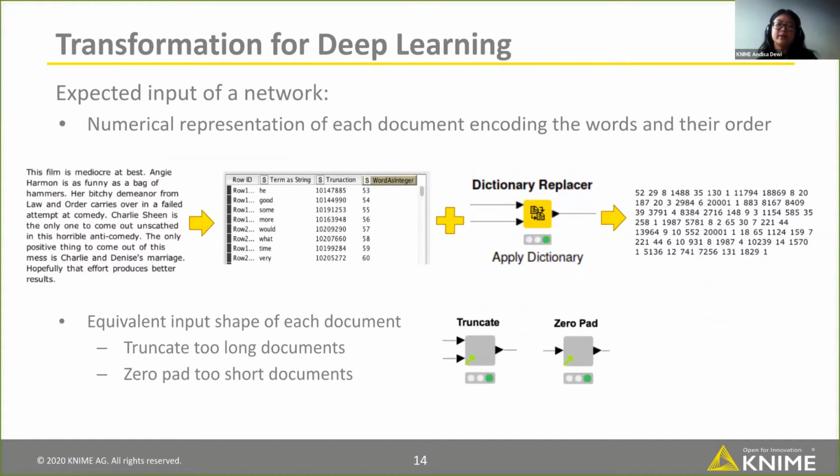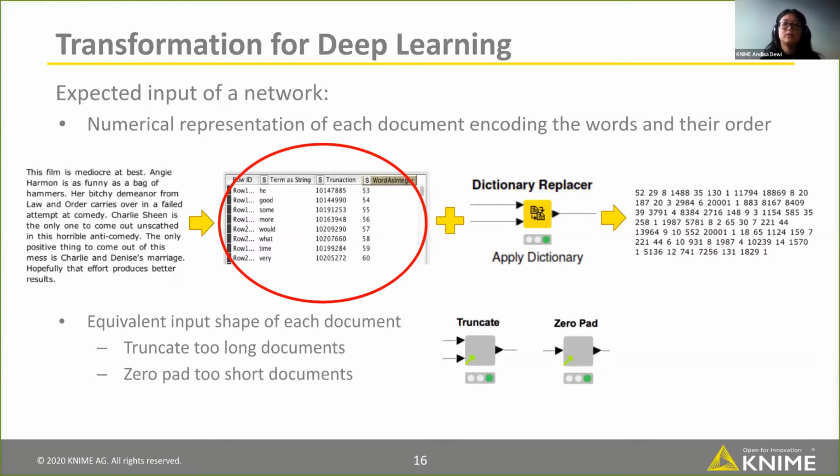However, for deep learning, we need to use another approach for the numerical transformation. It is because the deep learning network expects as an input not only a numerical representation of the words, but we also need to take into account the order of the words in the document. So for instance, for the document here on the left side, we need to build a dictionary where each word in the document is assigned to a unique number, or let's call it an index.